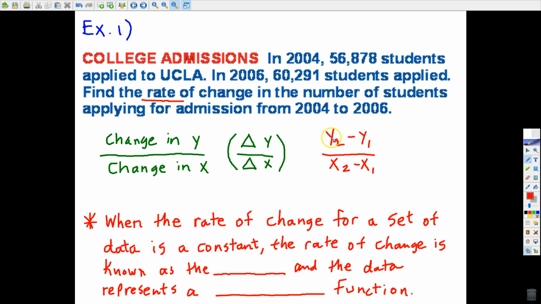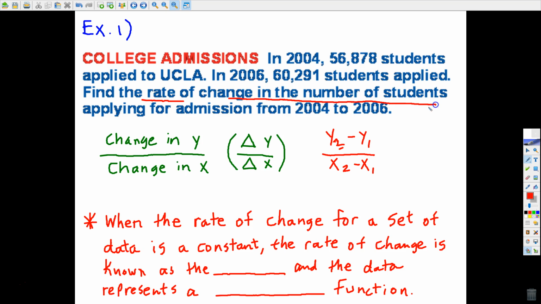You can always label or think of the y coordinates, because technically we have two ordered pairs in this problem. The y coordinates will correspond to the quantity that we are asked to find in the problem.